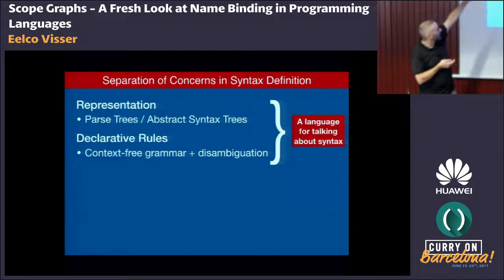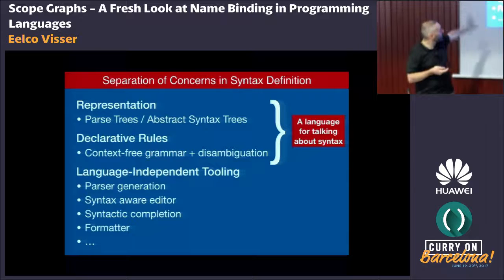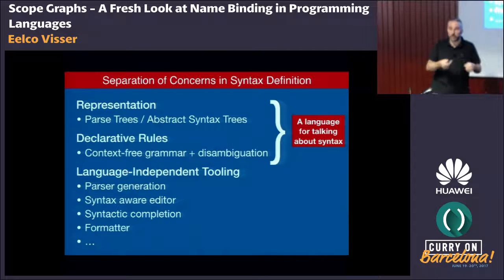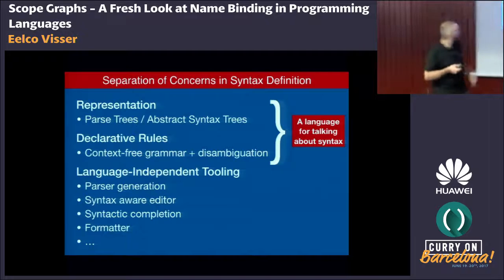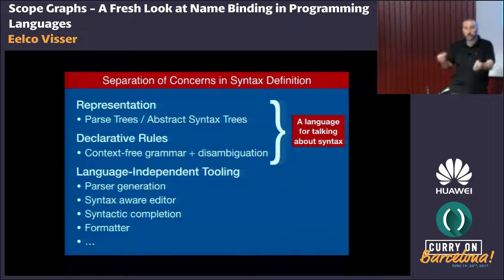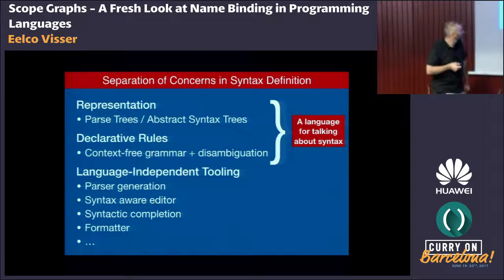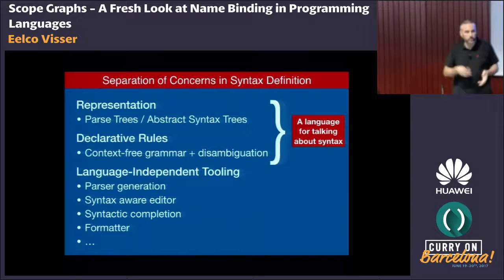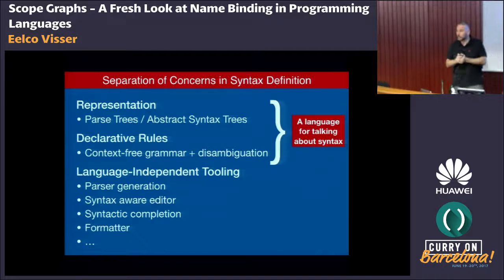And just by using context-free grammars, what we get for free is a whole bunch of language tooling. Tooling that you don't have to write specifically for your language, but tools can provide that for you. So from a grammar, you can generate a parser, you get a syntax-aware editor, you get syntactic completion, formatters, etc. All right, that's nice.